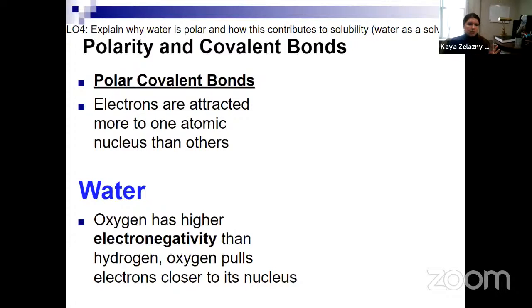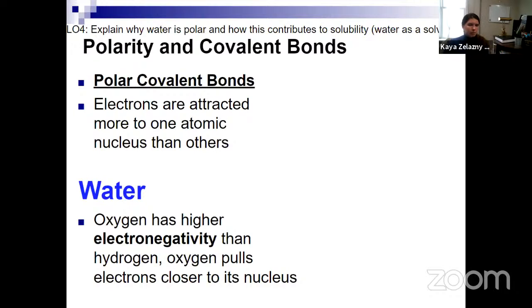The way we tell that a polar covalent bond is going to happen is we look at electronegativity. So this is another thing you can pull up, an electronegativity table. But again, this is a biology class, so for a little shorthand, we can remember that oxygen is highly electronegative, and specifically it has higher electronegativity than hydrogen, which means that oxygen is going to be pulling those electrons closer.